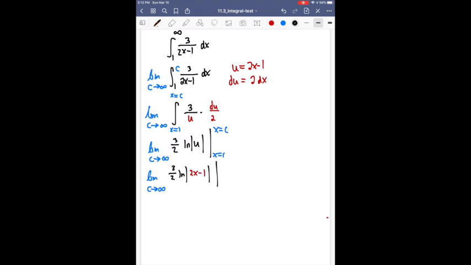And now we're at the point where we can just go ahead and put in the integration bounds, 1 and c. So we have the limit as c goes to infinity of 3 halves times the ln of 2 times c minus 1, minus 3 halves times the ln of 2 times 1 minus 1.